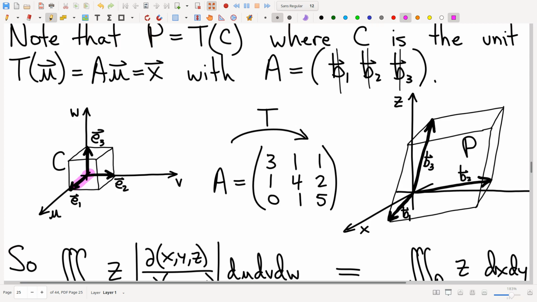Let's look at E1. Let's ask, where does that edge vector go, E1? Well, if E1 goes into our linear transformation, then we multiply it by our matrix A. Now, what happens when you multiply a standard basis vector times a matrix?